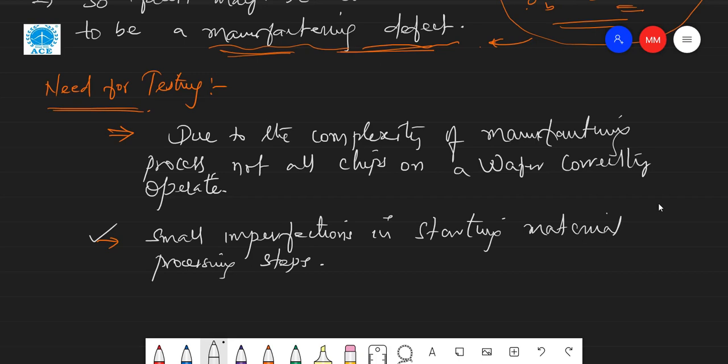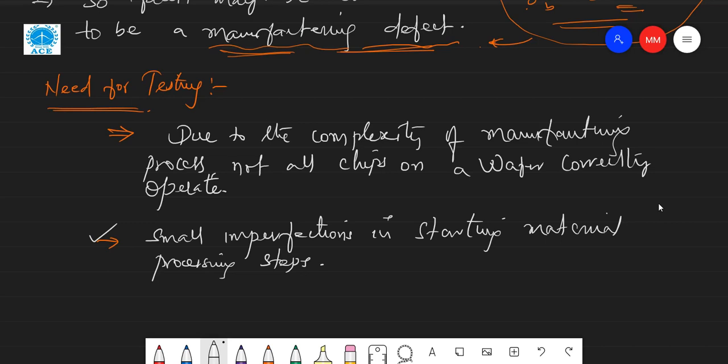That is the reason after fabrication, after manufacturing, we need to go for test. Then only we approve it as faultless or faulty. So the need for testability testing is: due to the complexity of the manufacturing process, it is not necessary that all chips function properly or correctly. For that purpose we need to go for test. Testing is common for every design before going to fabrication. You need to remember this.